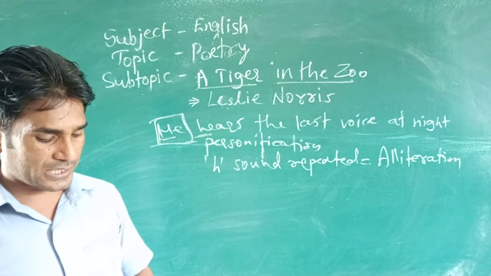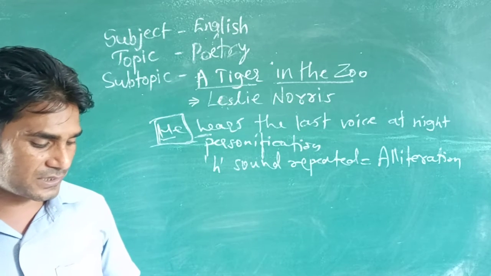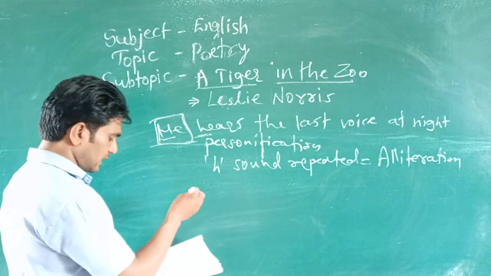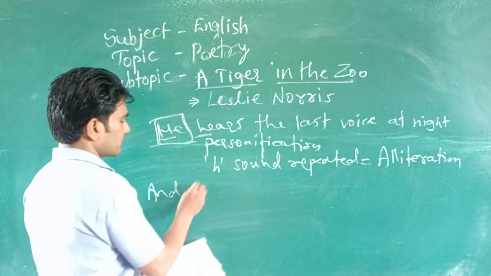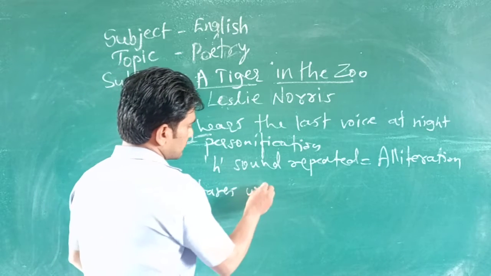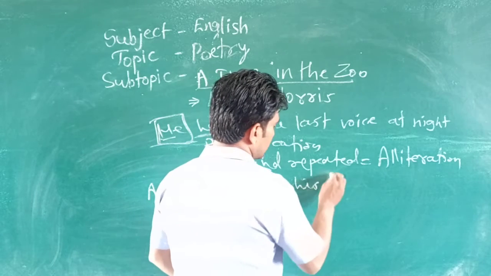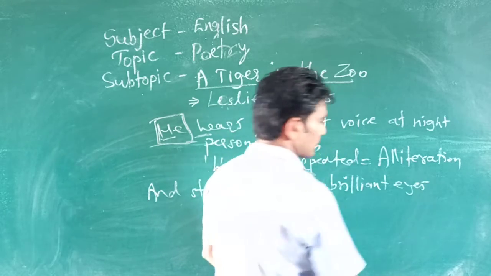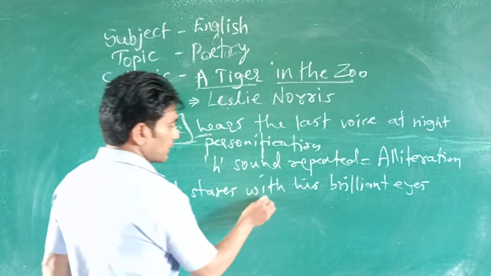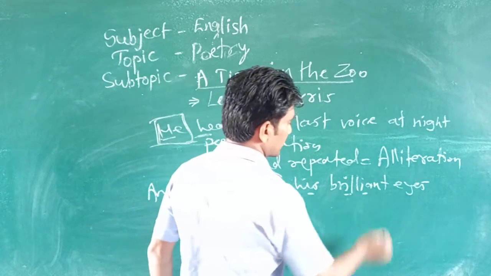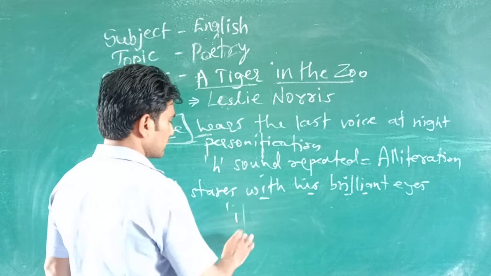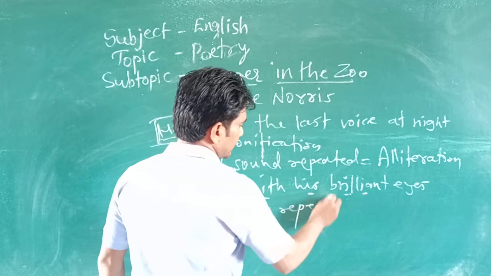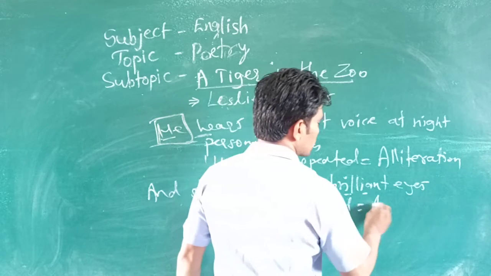Then alliteration: besides the patrolling cars. Then stares with his brilliant eyes. Look at here, with his brilliant eyes, the I sound is repeated, so it is assonance.